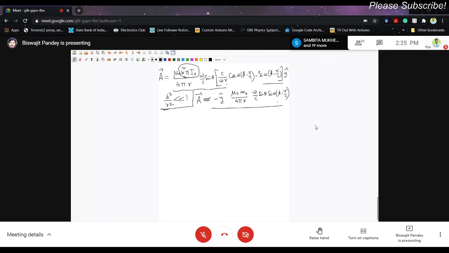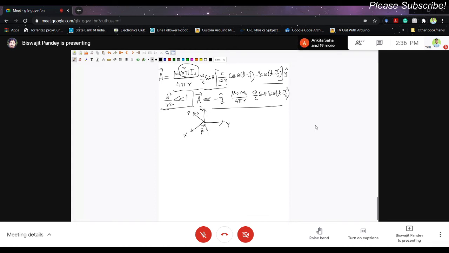Now in this particular case, you may remember the picture and the way we interpreted it. This was the picture with x, y, and z, and our field point P is on this plane. y cap is perpendicular to this plane, which is nothing but phi cap, because phi cap is along this direction.